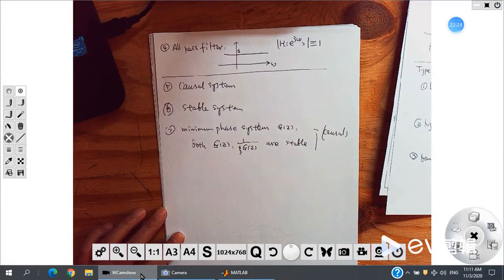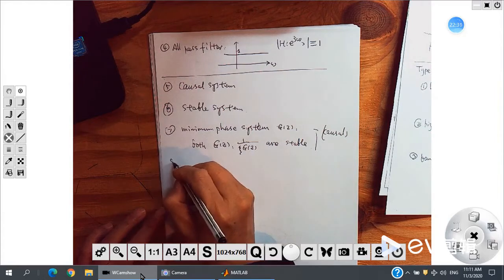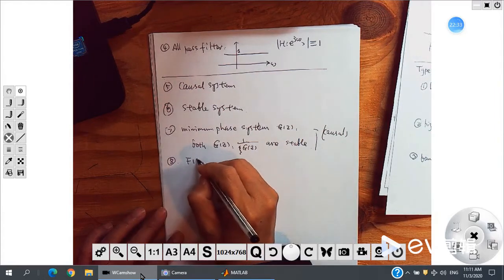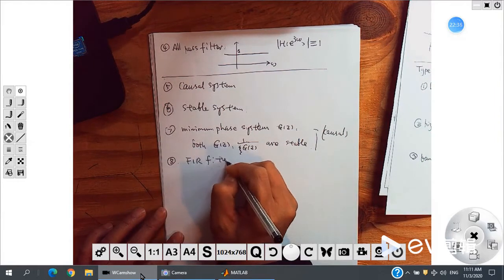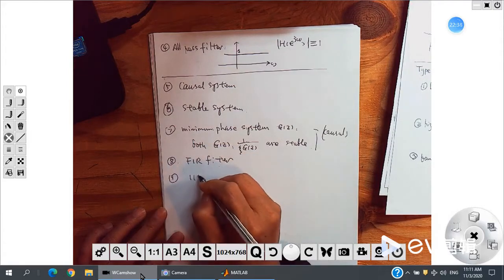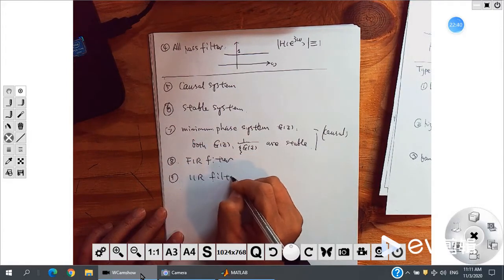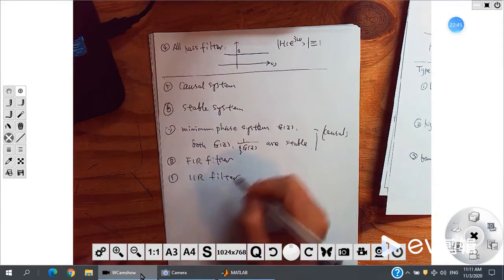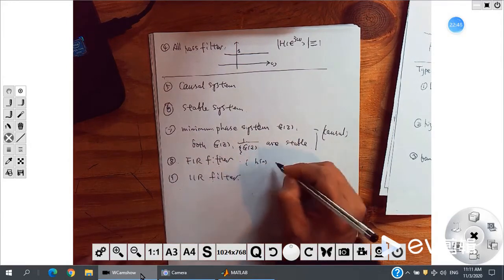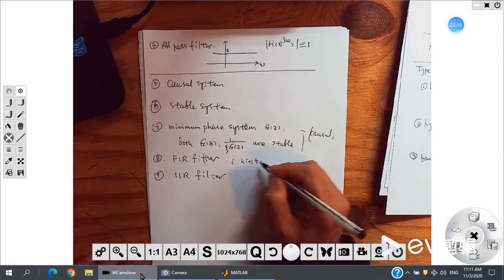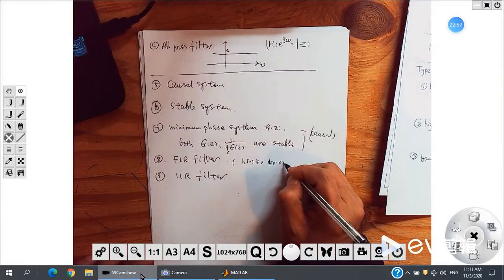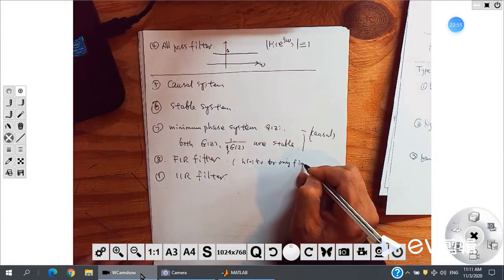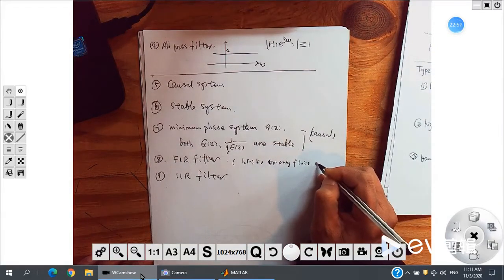That's 1, 2, 3, 4, 5, 6, 7. I think I still have 2. It should be 9. This is FIR, number 8, we have the FIR filter. And the 9th we have the IIR filter. FIR means h(n) does not equal 0 for only finite n's.